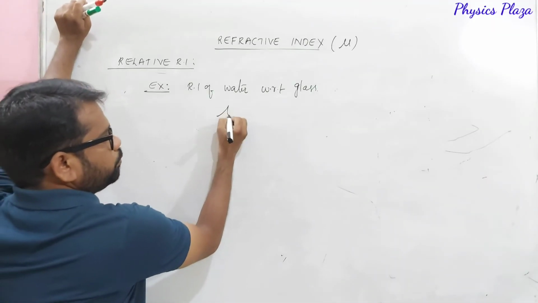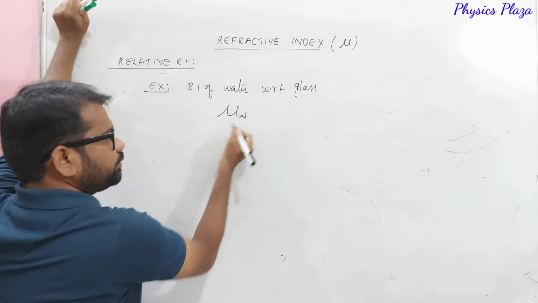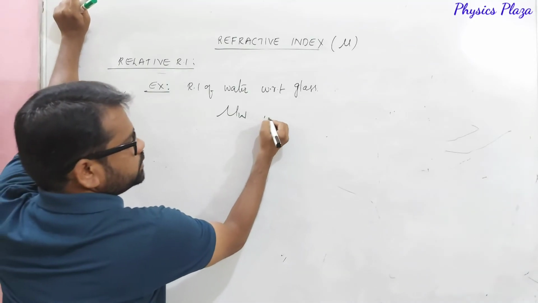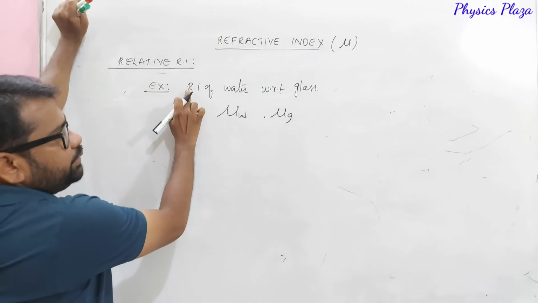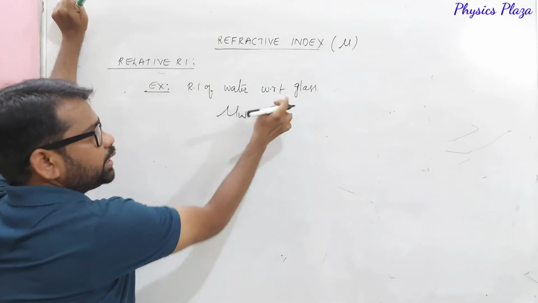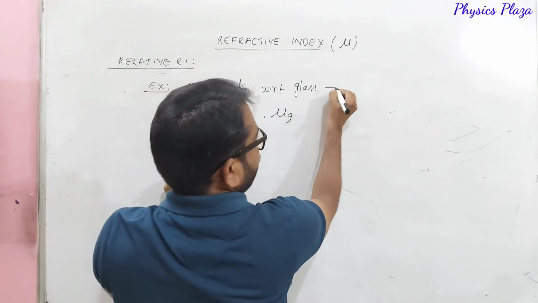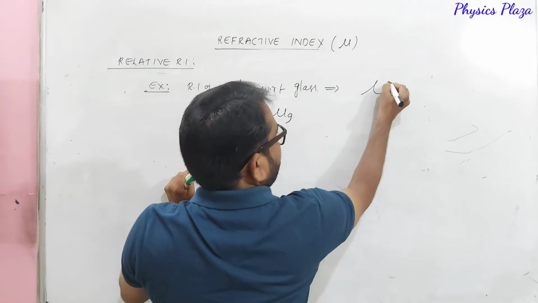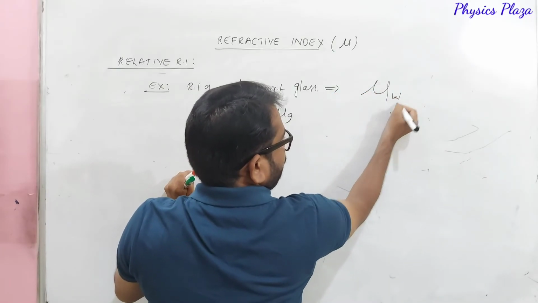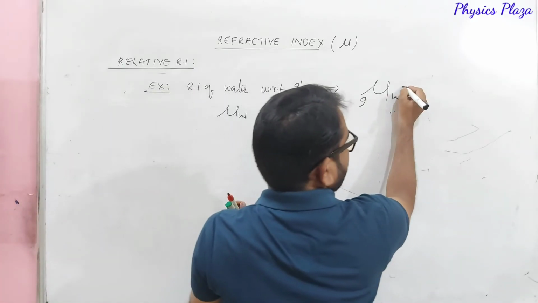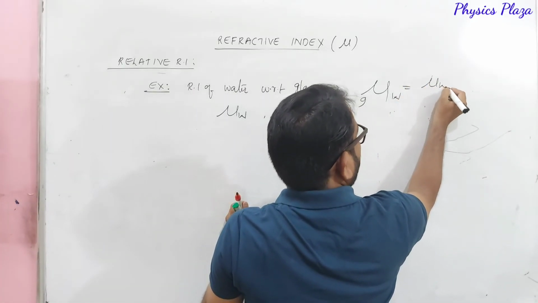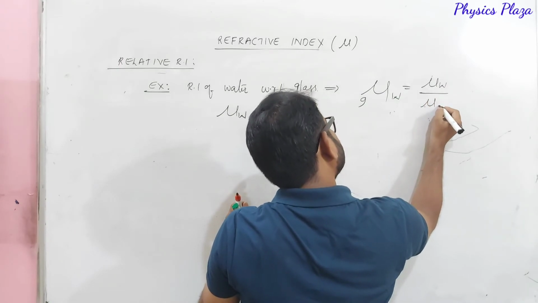Here mu W is the refractive index of the water, whereas mu G is the refractive index of the glass. Then how can we write the refractive index of water with respect to glass? We can write it like this. And this can also be written as refractive index of water by refractive index of glass.